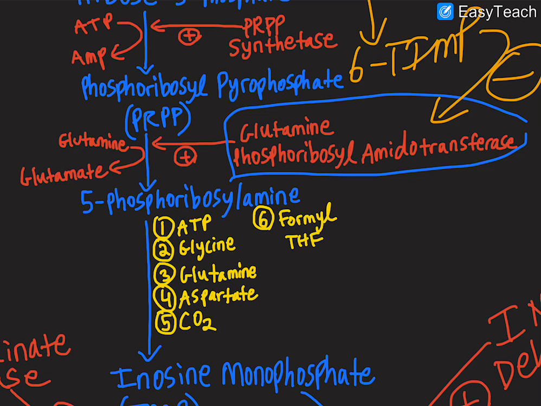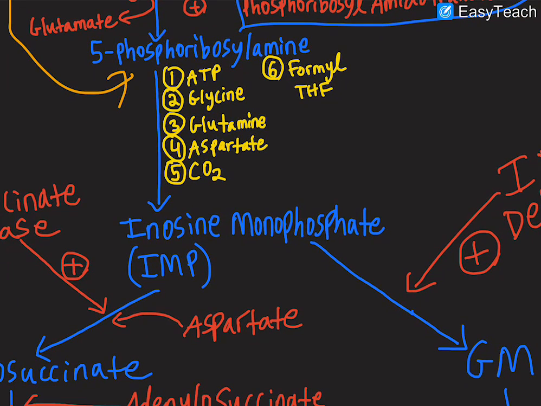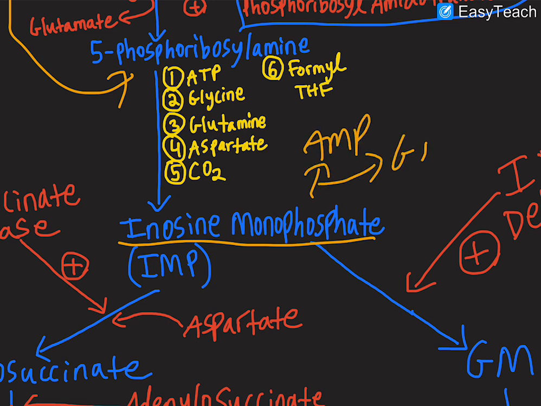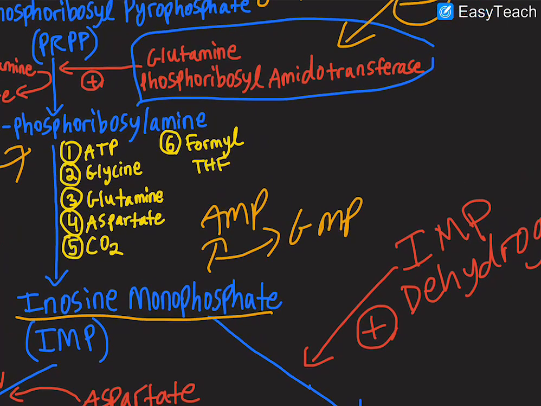It helped convert PRPP into 5-phosphoribosylamine, and then 5-phosphoribosylamine got converted into inosine monophosphate. And with inosine monophosphate is how we made AMP and GMP, and also deoxy-AMP and deoxy-GMP, which are important for purines. Without IMP, we can't really make purines.